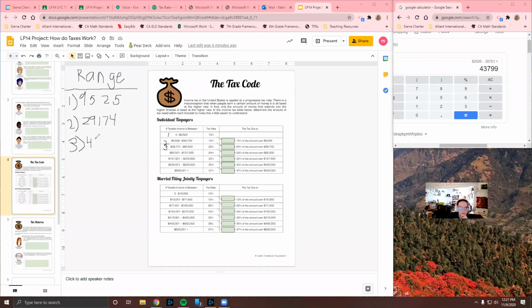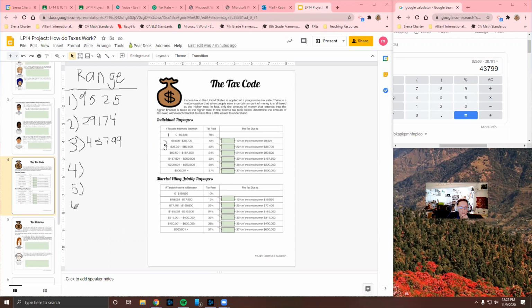So you want to figure out how big of a range. Oops, I missed a number there. How big of a range is this tax bracket? You're going to go through and do that subtraction for each one of these.